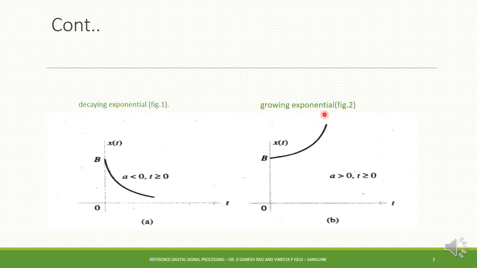Similarly, a growing exponential is where b, the amplitude of the signal at t is equal to 0, is increasing. As t increases, the amplitude is also increasing, then it is called a growing exponential signal. I think it is clear.